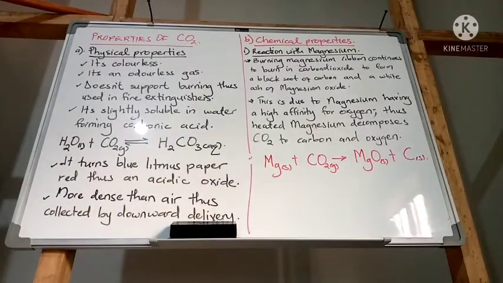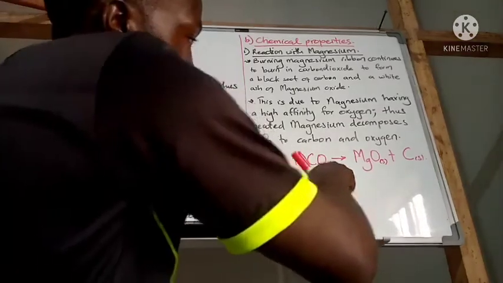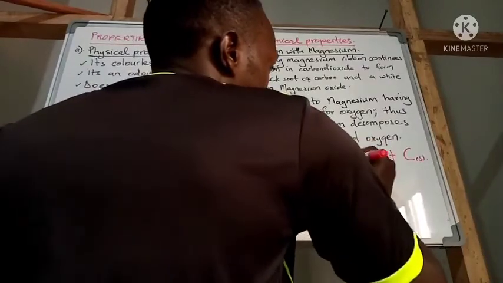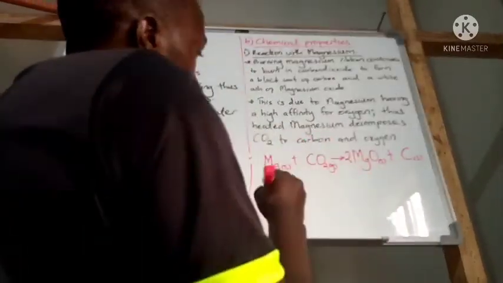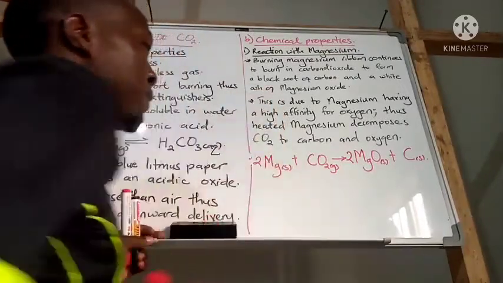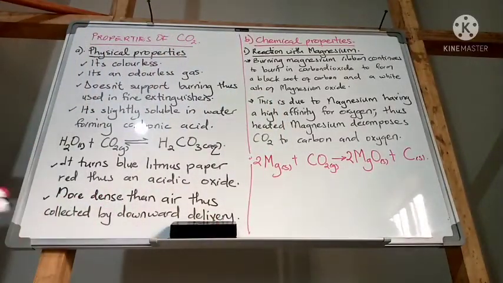This carbon will be in form of soot, which is also represented by a state of a solid. When it comes to balancing our equation, oxygen is 2, but here oxygen is 1. So I'm multiplying magnesium oxide with a 2. Magnesium becomes 2, therefore I multiply that magnesium with a 2.